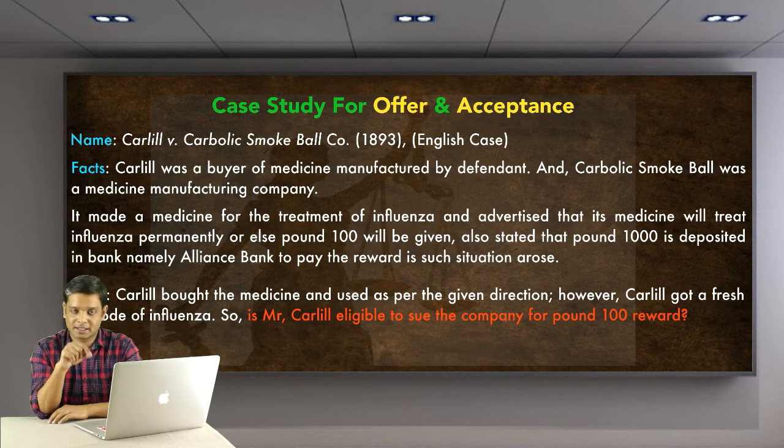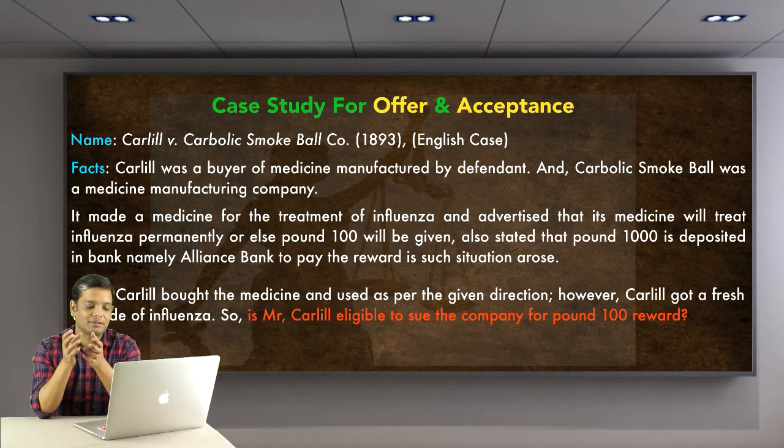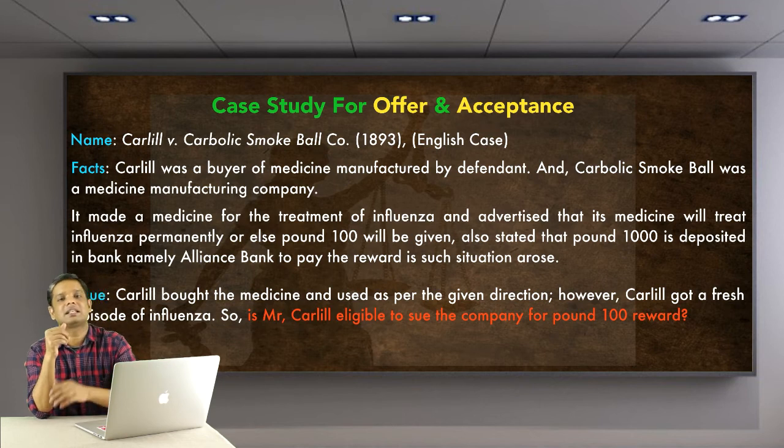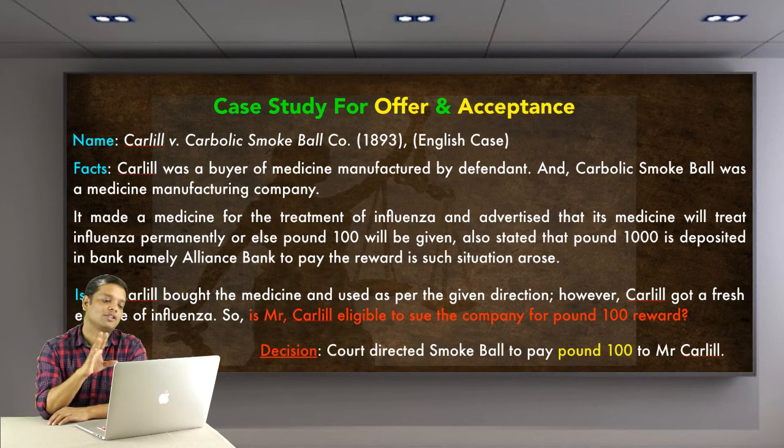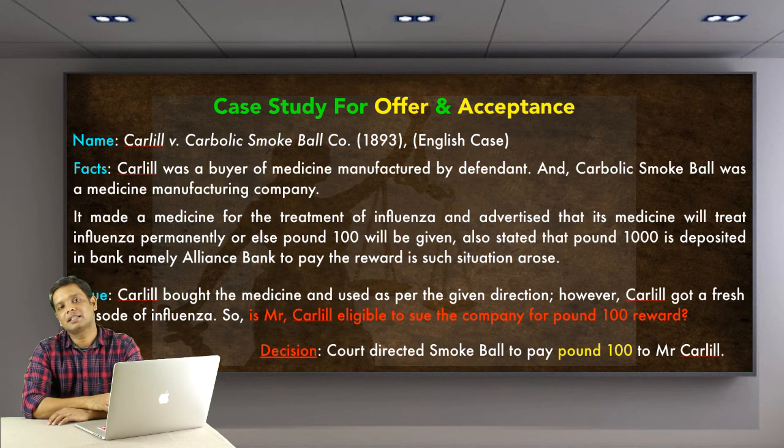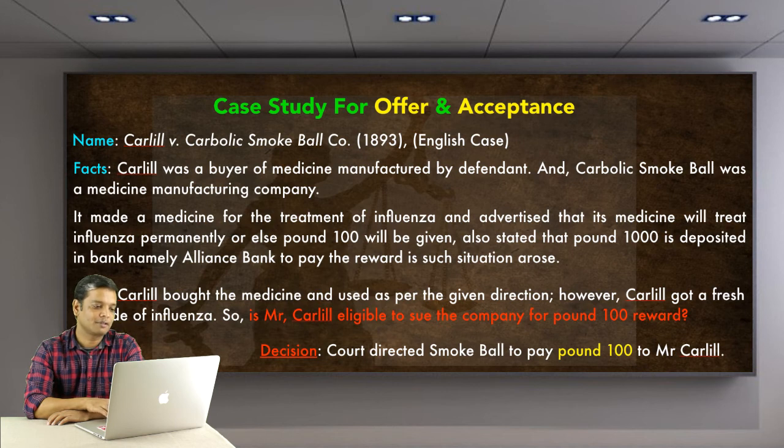So again on this argument, the court counter argued that for a general offer, the act, the conduct of the person is enough to fulfill the condition, because, remember, it is an implied acceptance, accepted through the conduct or your behavior. So the court decided the case in favor of Carlill. So this is the case of acceptance and offer.